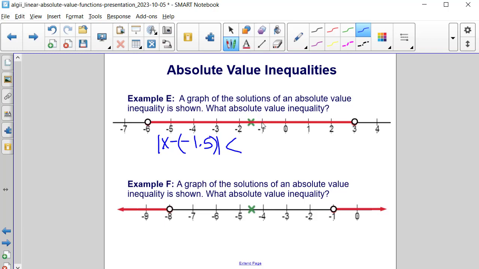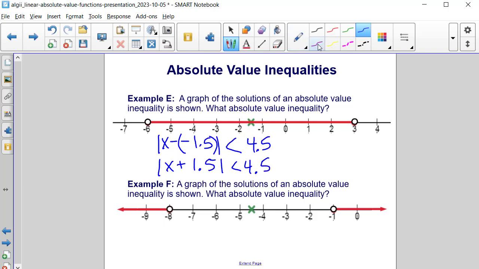So we have to go a half, 1, 2, 3, 4. So we have to go 4.5 units to get from our center to each edge. And then if we simplify this and get rid of the double negative, we would have that the absolute value of x plus 1.5 is less than 4.5.